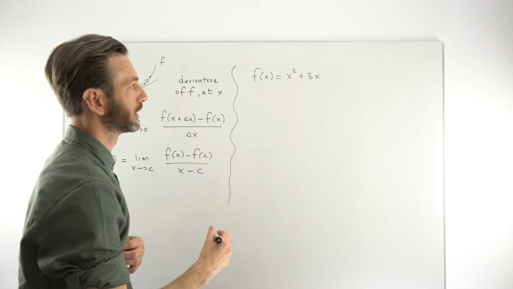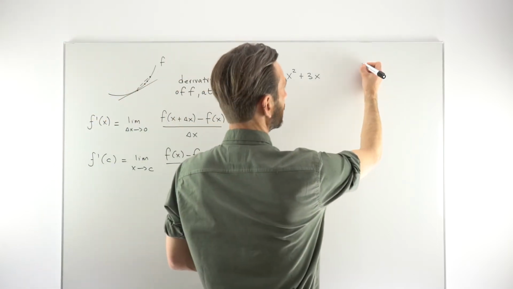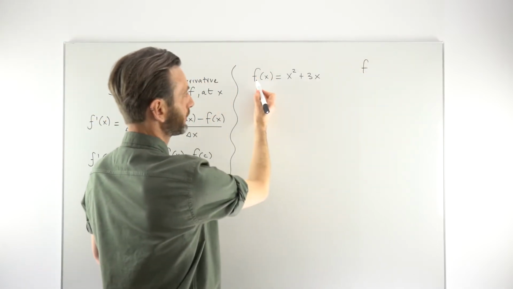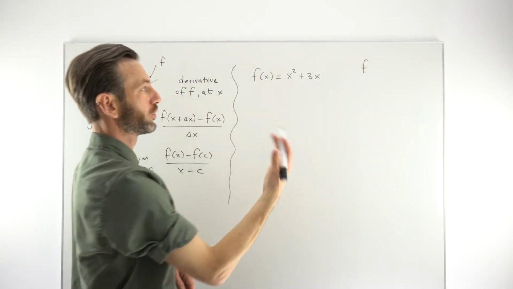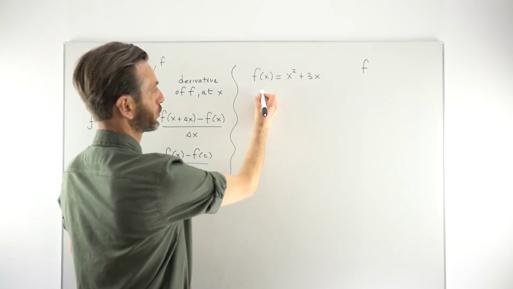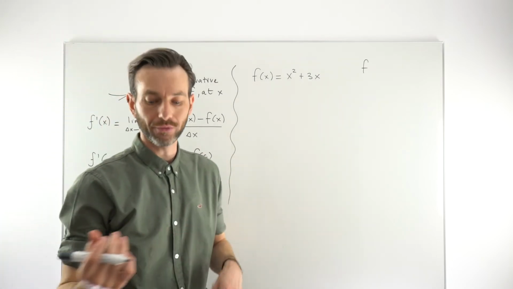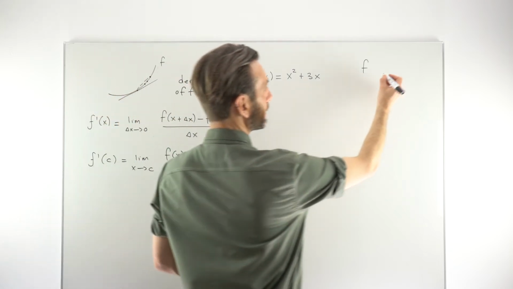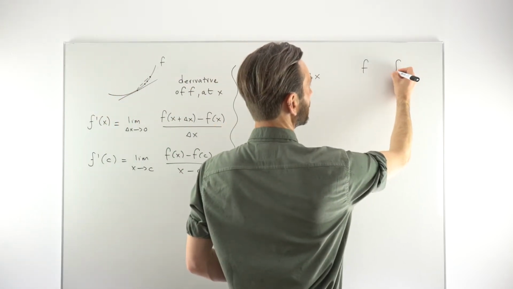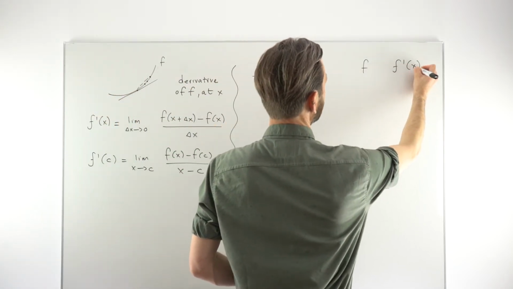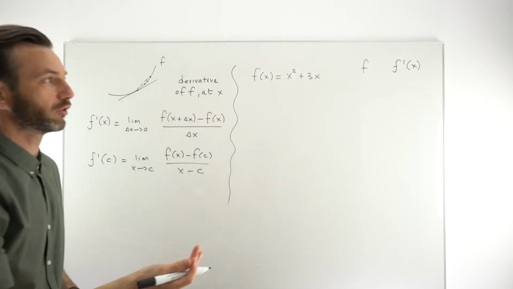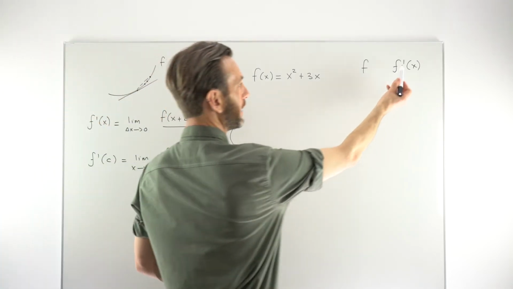Now just to put out there, if you're given a function in terms of f, so if f is how the function is defined rather than y, because remember sometimes functions are defined as y equals, in particular when you're referring to the graph of the function, then the notation for the derivative is f prime of x. That's how we notate the derivative, or it's sometimes called f dash x.